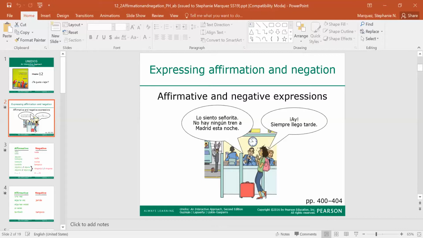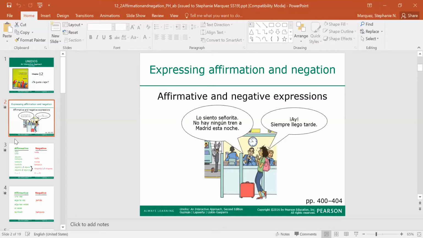And alguno does the same thing. So if it were written before a masculine singular noun, it would drop its O and get an accent over the U and turn into algún.